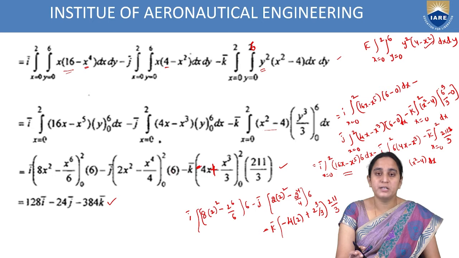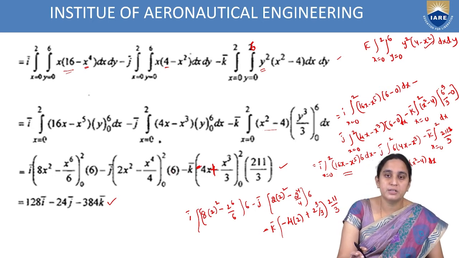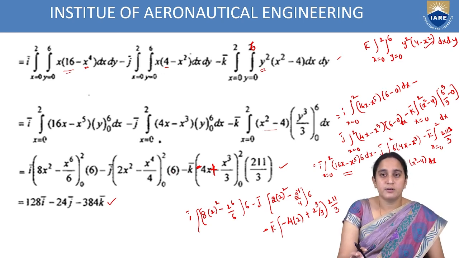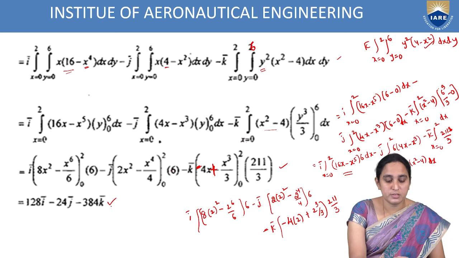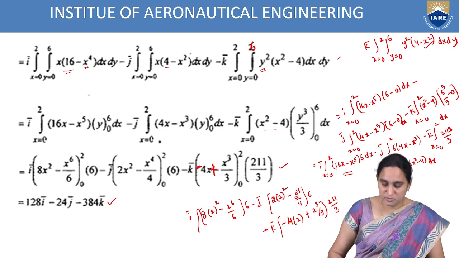In the triple integral form, first integrate with respect to z, after that integrate with respect to y, and after that integrate with respect to x. For that, we got the vector point function. Here the answer is also in the vector, that is 128 into i bar minus 24 into j bar minus 384 into k bar. This is the answer for the first question.